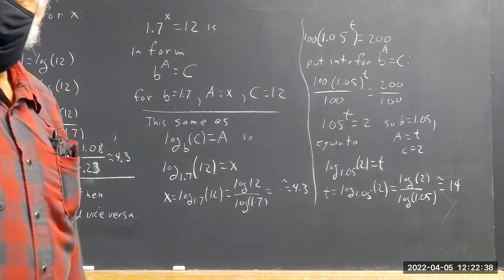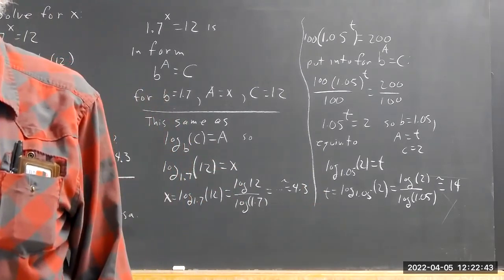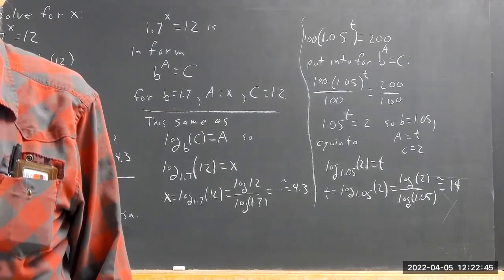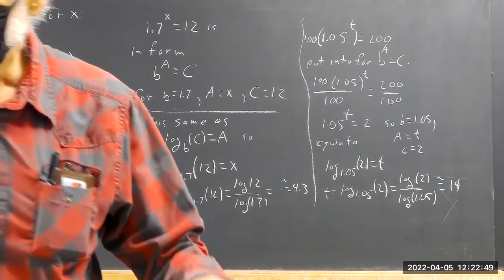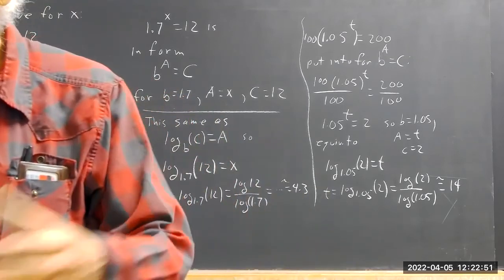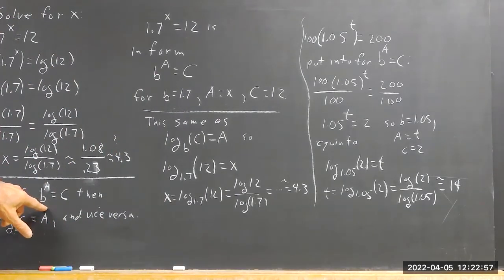Okay. So one of the most important applications is being able to solve an exponential equation. And of course, logarithmic equations are important too, and you'd solve those by converting to exponential form. This is the logarithmic form of an equation. This is the exponential form. It's like an exponential function. This is like a logarithmic function.